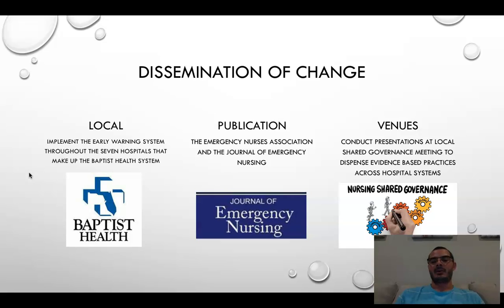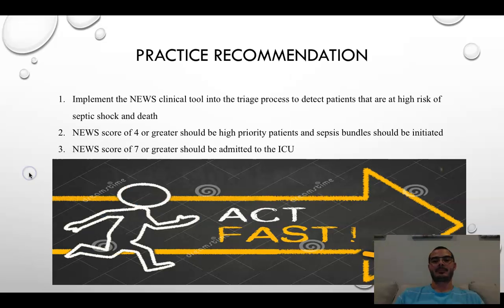Currently, I've been talking to other local hospitals and meeting with their shared governance, and this is a good way to get information spread regionally, meet people from other hospitals, get some feedback, see how they're doing things and how you can implement some of what they're doing, and also share the practices that are working in your hospital to see if they can improve their performance.